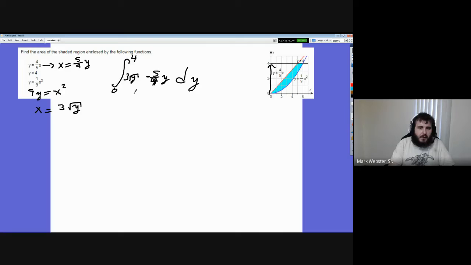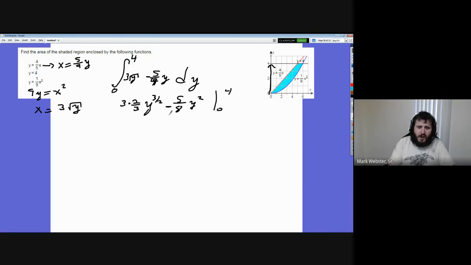Okay, so we integrate. This 1/2 exponent is going to become 3/2. So we've got 3 times 2/3 y to the 3/2 minus, this is going to be y squared, so this will be 5/8 y squared. So let's simplify, and this is from 0 to 4.